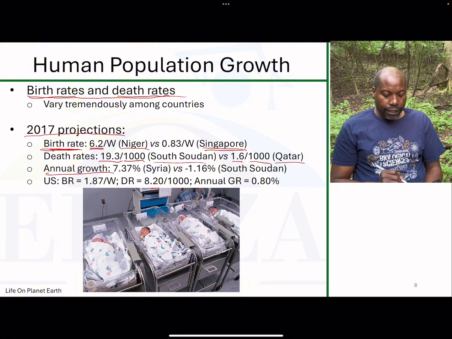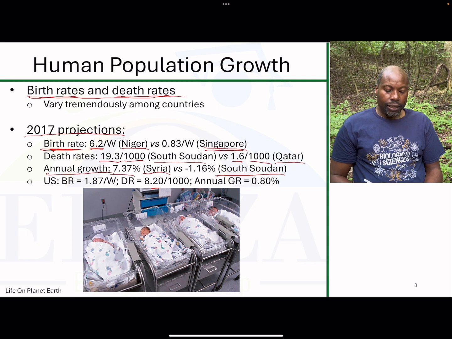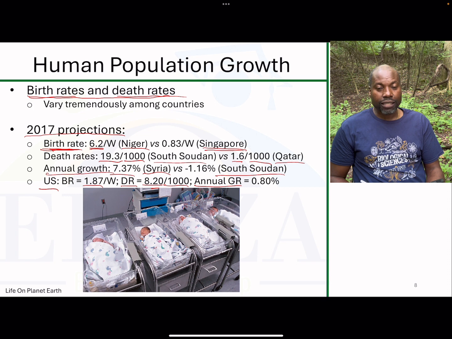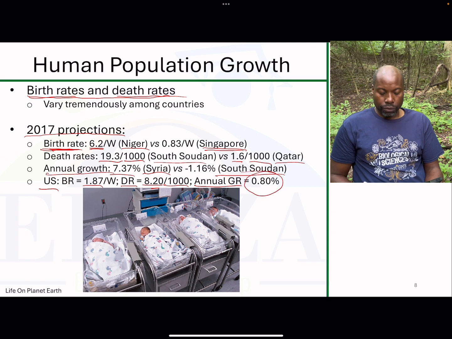The annual growth rate in Syria was 7.37%, while in South Sudan it was 1.16%. In the US, the birth rate in 2017 was 1.87 children per woman. The death rate was 8.2 for every 1,000 individuals. The annual growth rate in the United States in 2017 was 0.82.